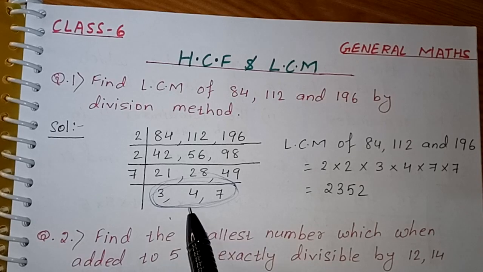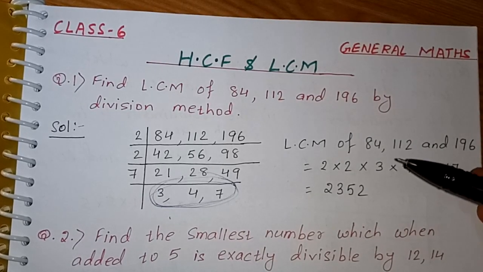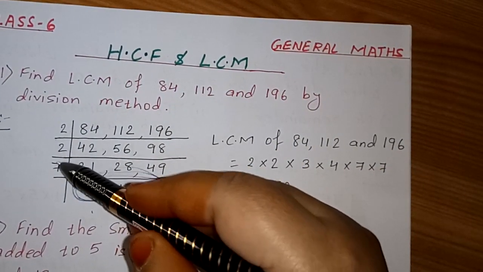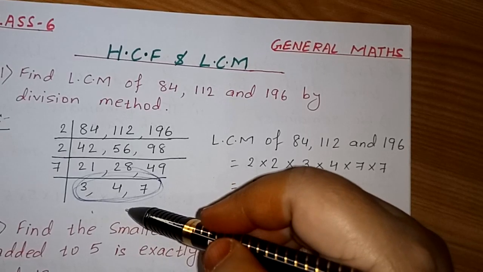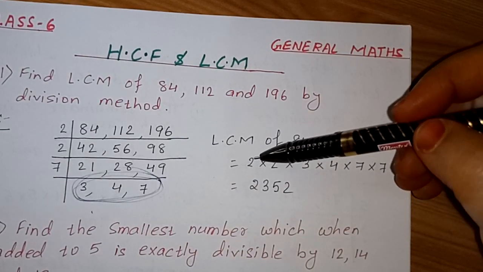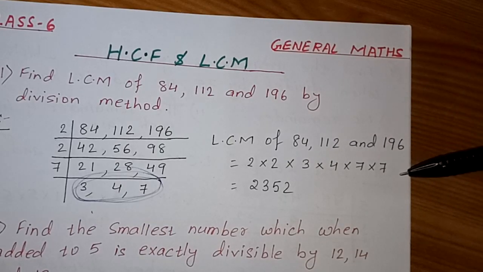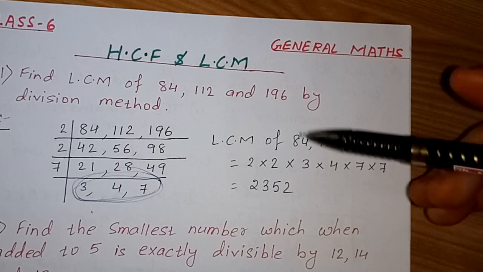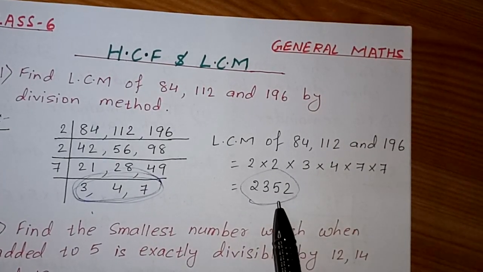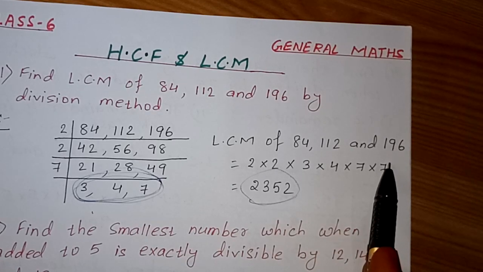Okay, so 3, 4, 7: no common factor. Now when we find the LCM, 2 into 2 into 7 into 3 into 4 into 7. We can arrange this in order: 2 into 2 into 3 into 4 into 7 into 7. So when we multiply, what is the product? 2352. This is the LCM of 84, 112 and 196.